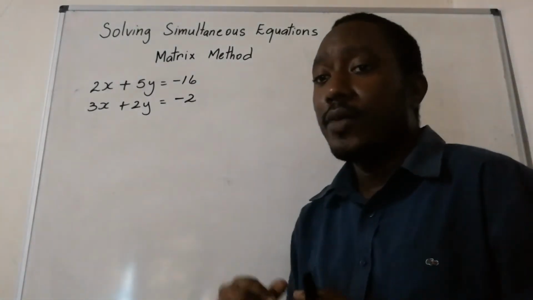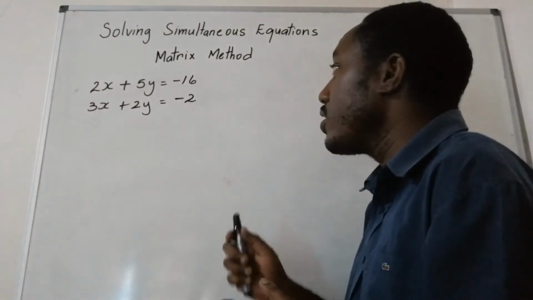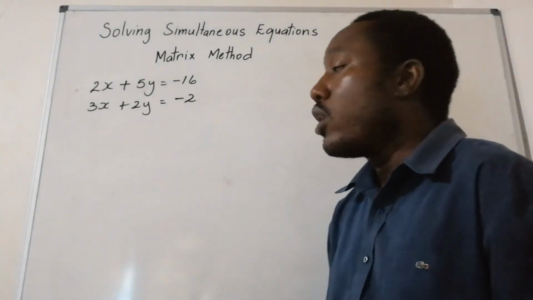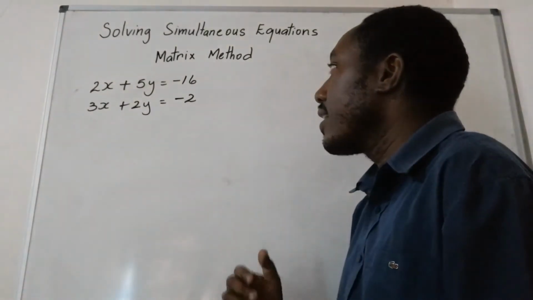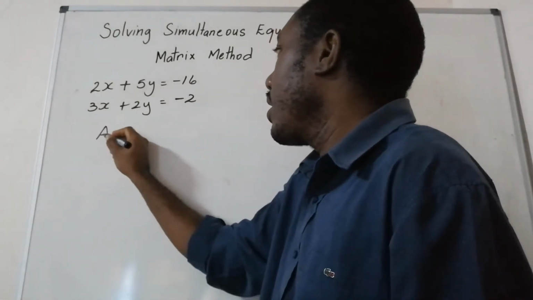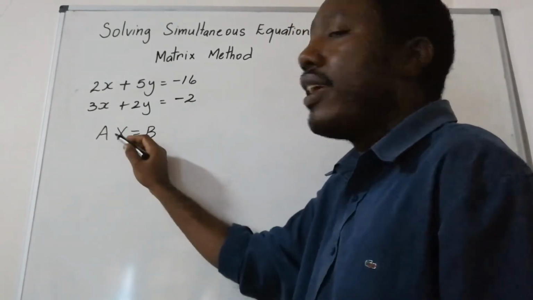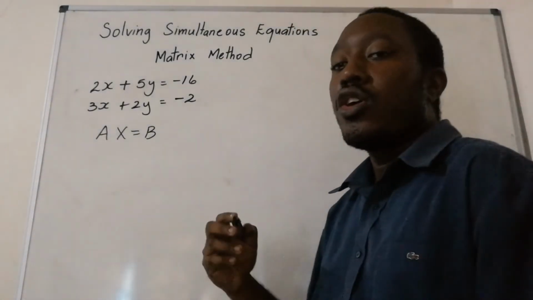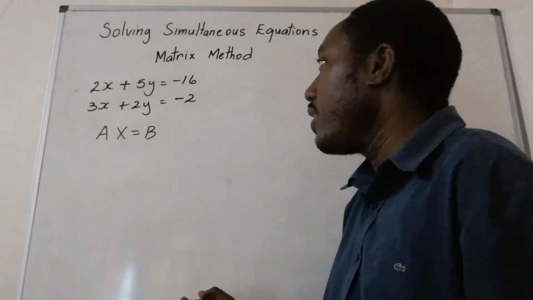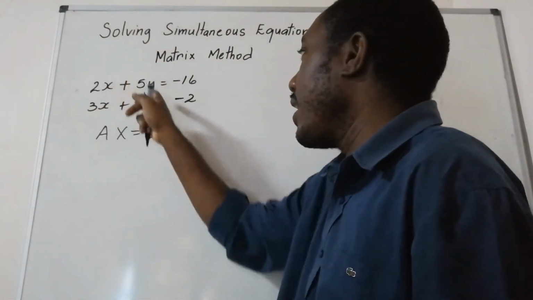Now, remember, when we have such a simultaneous equation, the first thing we do, we write it in the form AX is equal to B. A represents the coefficients of all the variables. Note, we have x and x, y and y.